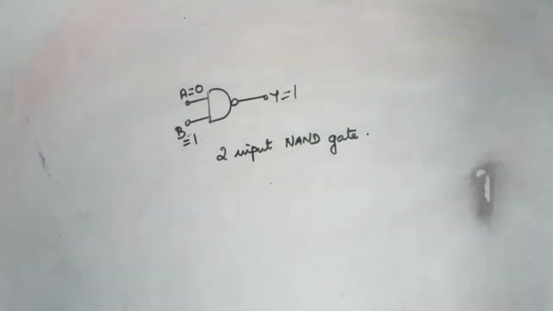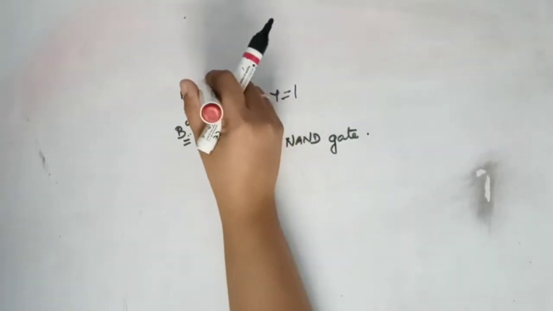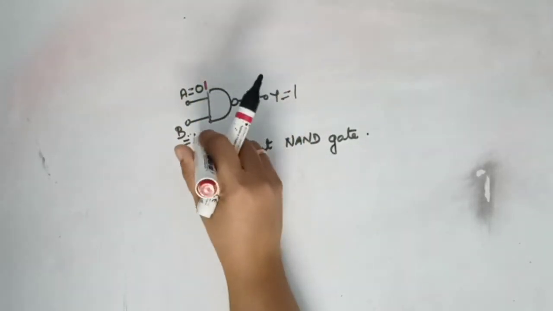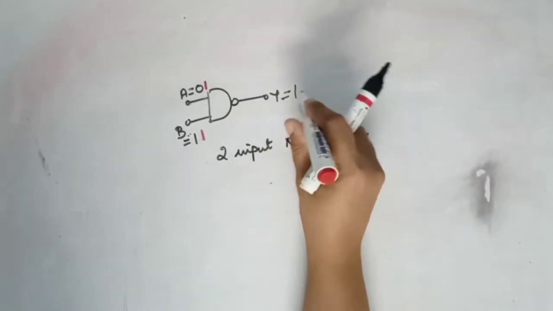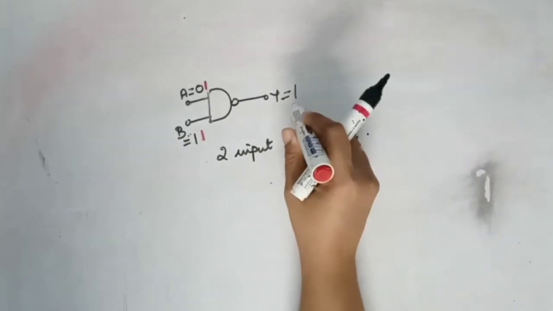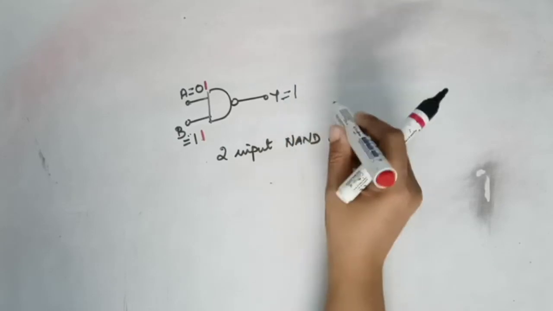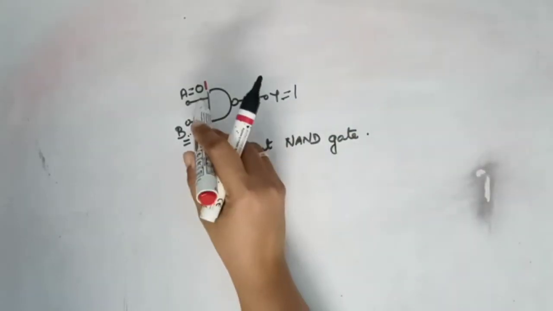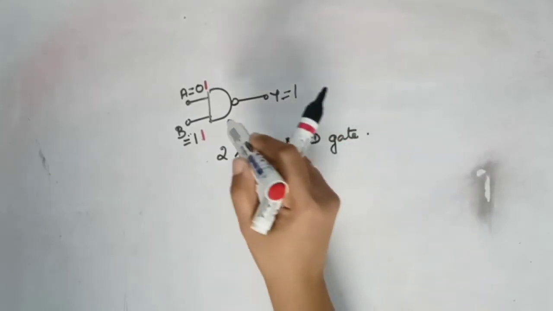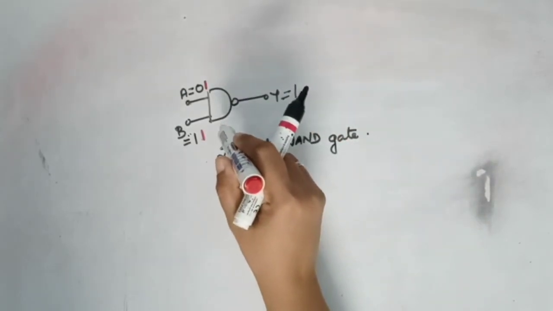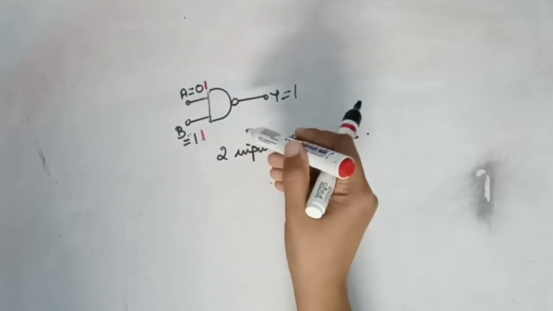Now I am changing my inputs to, say, A is changed to 1 and B is still at 1. So my output should change to 0. The output was 1 at first. Now it should change to 0 when I changed my input A. So how fast does this NAND gate respond?